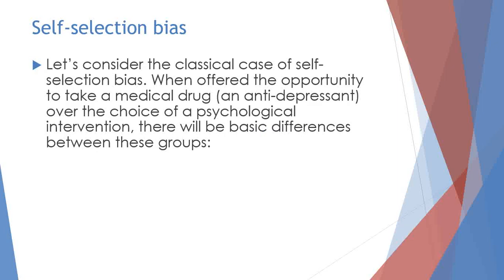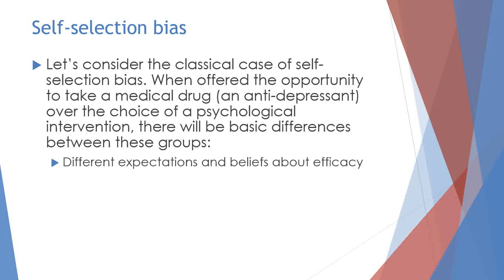So let's consider the classical case of a self-selection bias. When offered the opportunity to take a medical drug, see, it's not clinical, it's psychiatric, like an antidepressant, over the choice of a psychological intervention, there will be basic differences between these groups before they've even had the intervention. Different expectations and beliefs about efficacy, different levels of motivation.